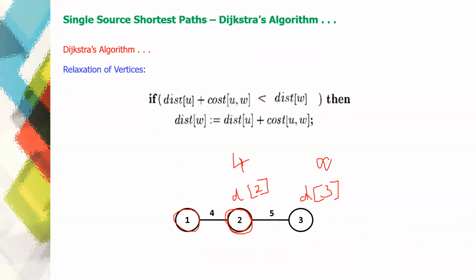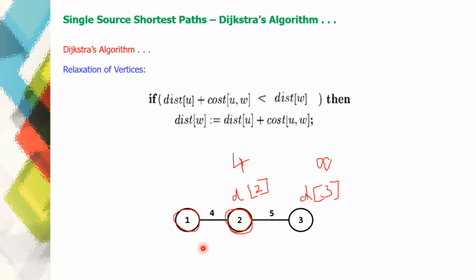Now, how to apply the relaxation procedure? Take vertex 2 now. Check what are all the remaining vertices that are connected to 2 and try to relax them. So to vertex 2, there are 2 vertices that are connected. Vertex 2 is connected to vertex 1. Also, it is connected to vertex 3.